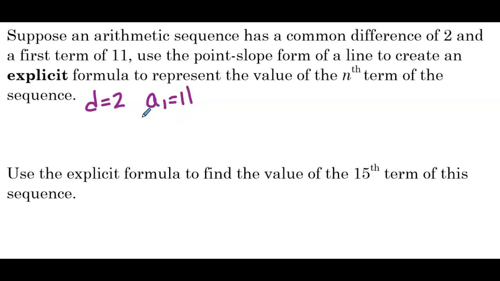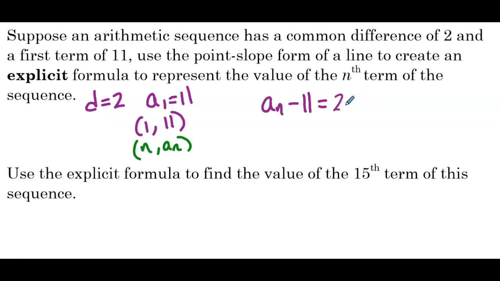So I can think of this as a point, if I want. I can think of it as the point 1 comma 11. N comma a sub n, if you will, for the point. So then, using point slope form, a sub n minus 11 equals, common difference is our slope, so 2 times n minus 1.